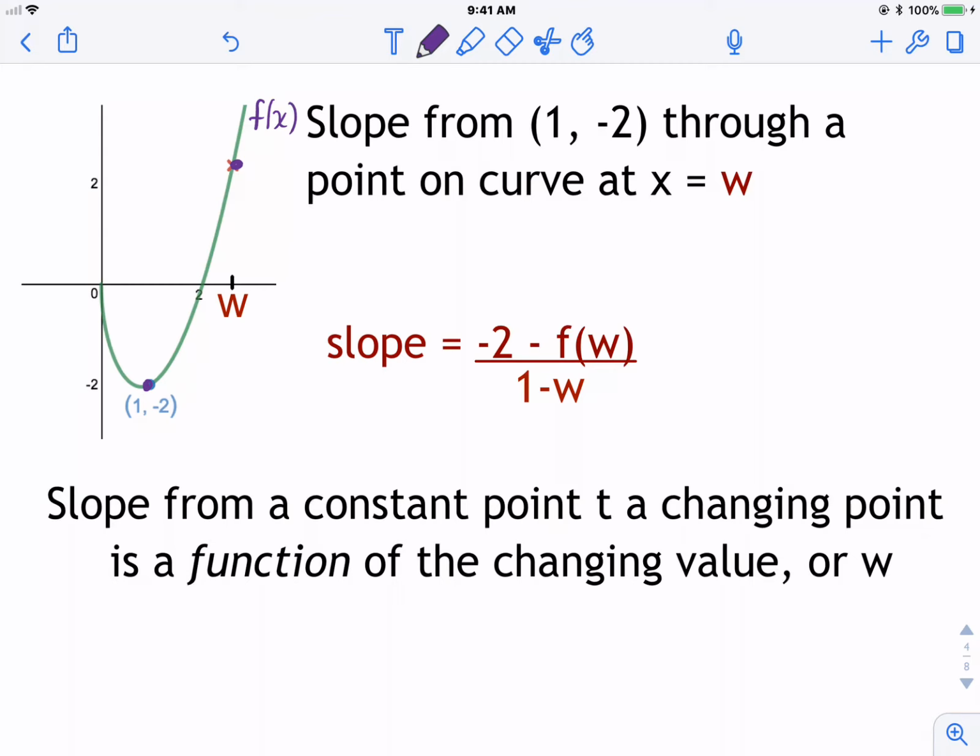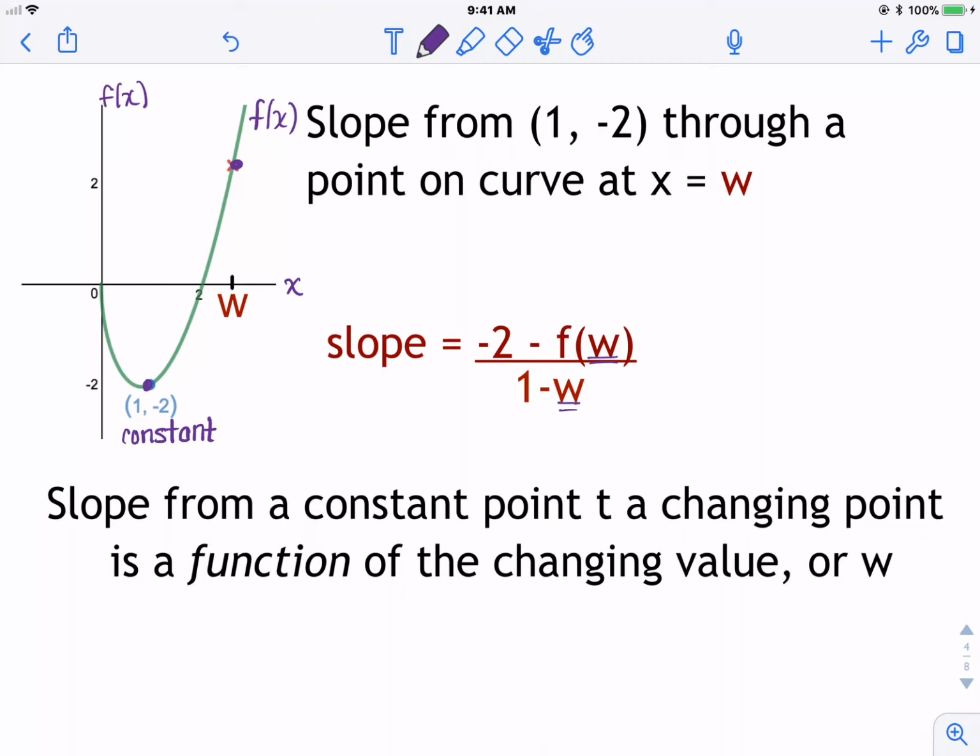Now that I'm putting in the ordered pair that's fixed, or constant, my slope function really is no longer dependent on those. Those are in already. What it is dependent on, or a function written in terms of now, is w. So this function that had been f of x, the x-axis would just be x, and then f of x, all of a sudden I'm writing a new function about the slope of it, and the slope function is now in terms of w, this other variable that I am changing back and forth.